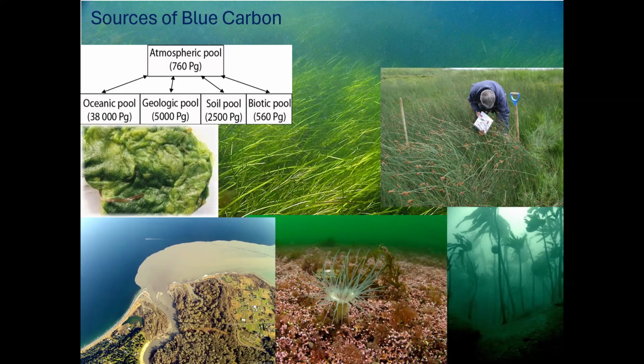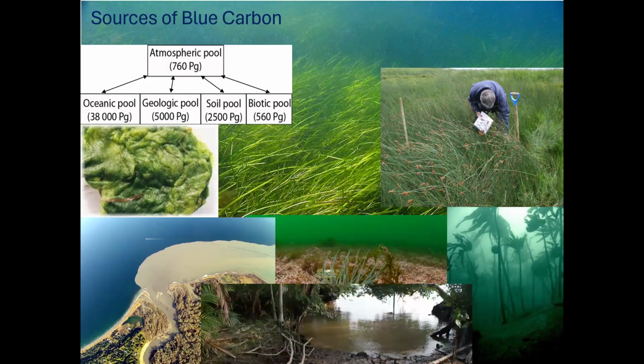In many mangrove ecosystems, you've got adjacent salt marsh or other wetland ecosystems, which are often very highly productive as well, and they can also be important sources of organic material to the mangrove soil carbon stocks.